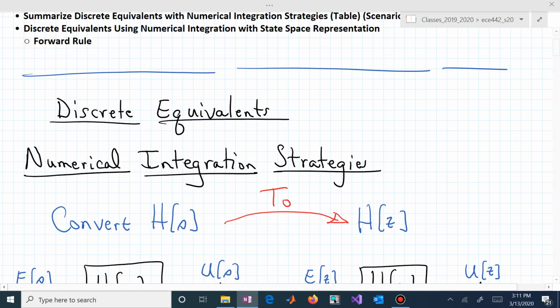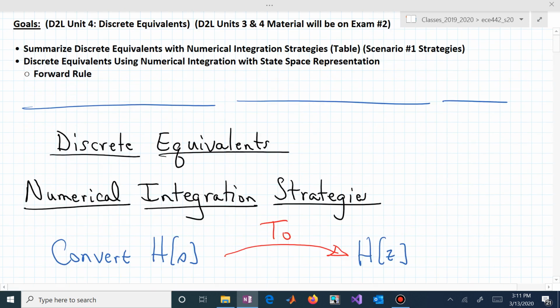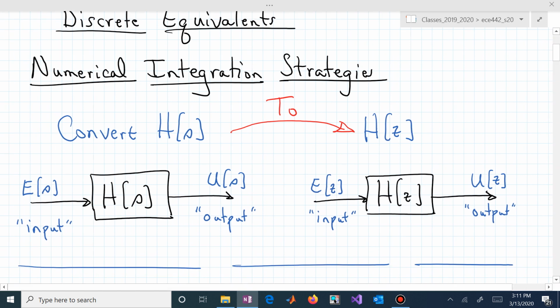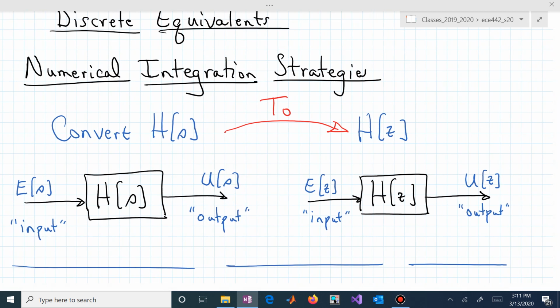Remember, in this particular numerical integration strategy, we're looking at scenario number 1, where we're really just trying to capture the input-output behavior of a specific transfer function. Here I'm calling it H of s. That could be a filter. We're not preceding this filter with a zero-order hold.